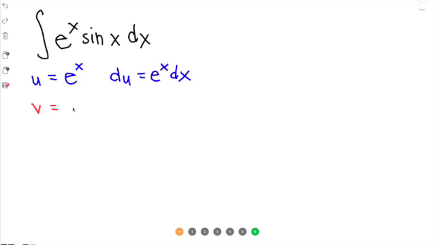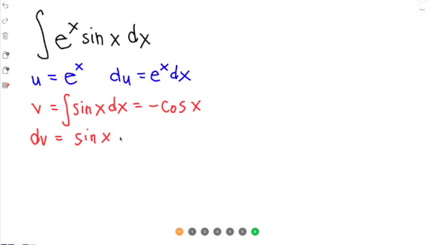So v is equal to the integral of sine x dx, or that is negative cosine x. And the derivative of that would be sine x dx.